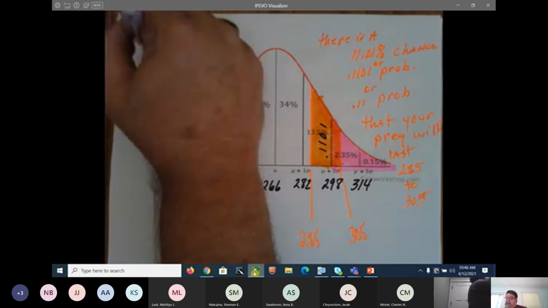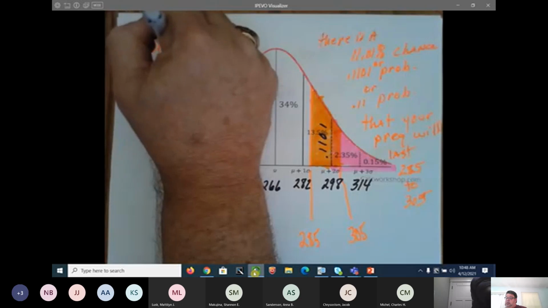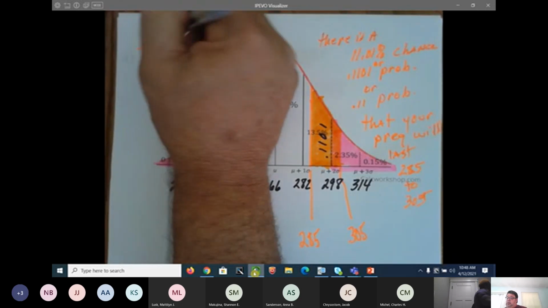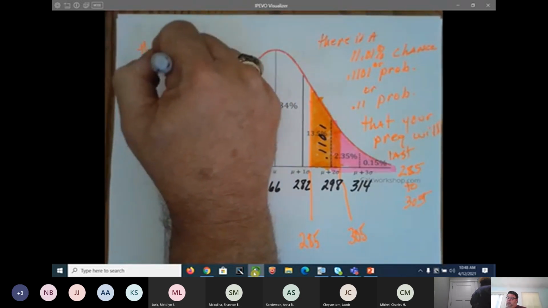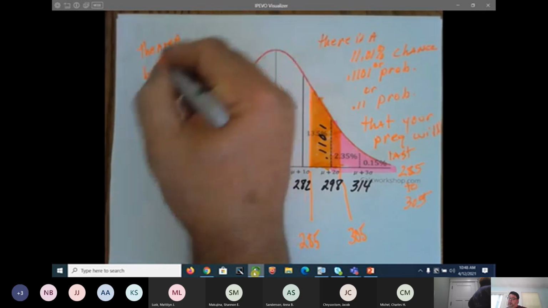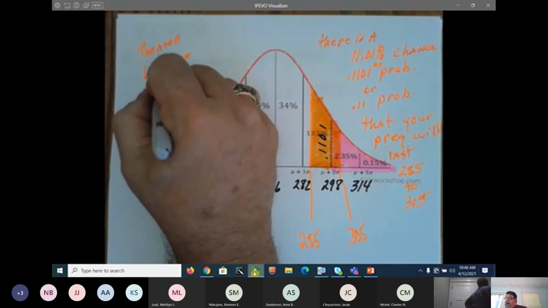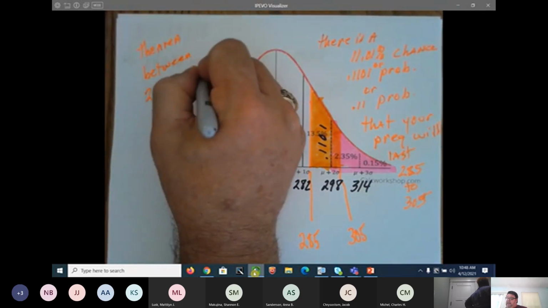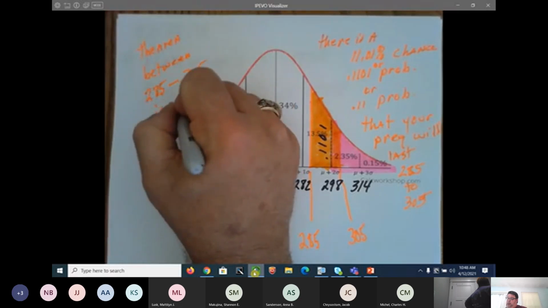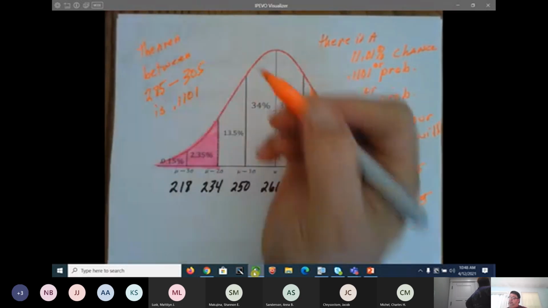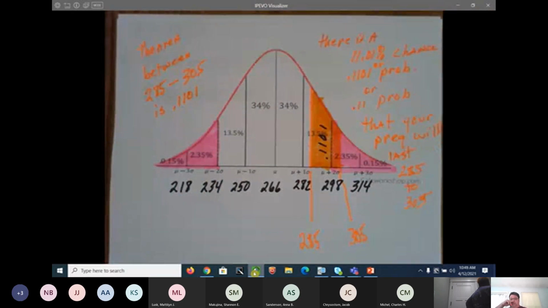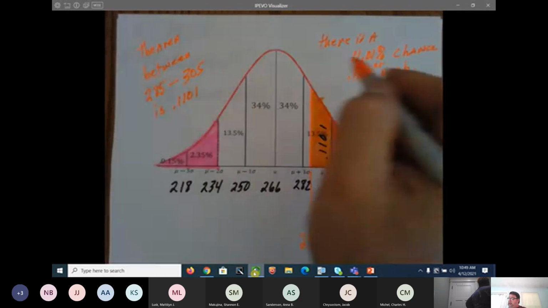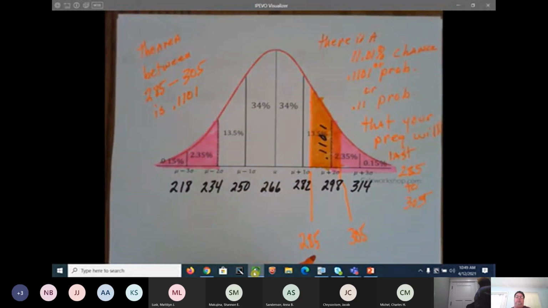Or I can say the area between 285 to 305 days is 0.1101. So that's another way I could say it. But all three are saying the same thing.